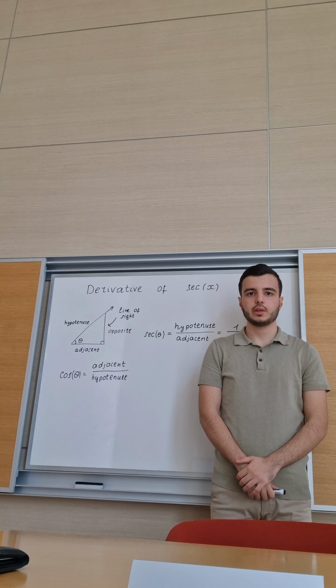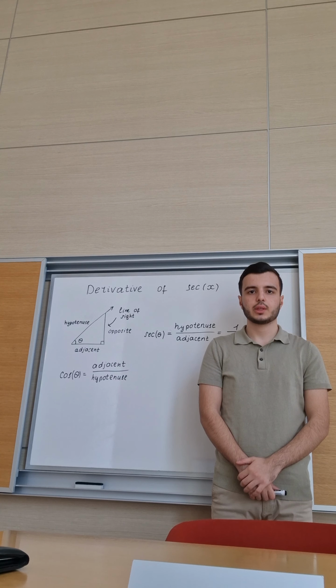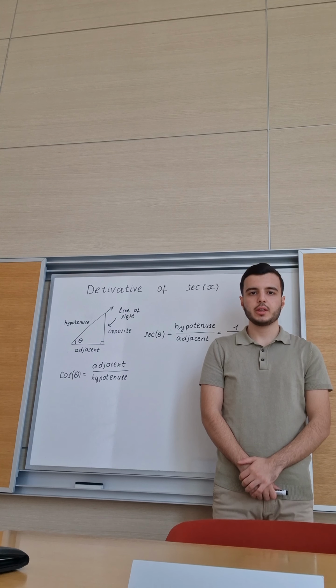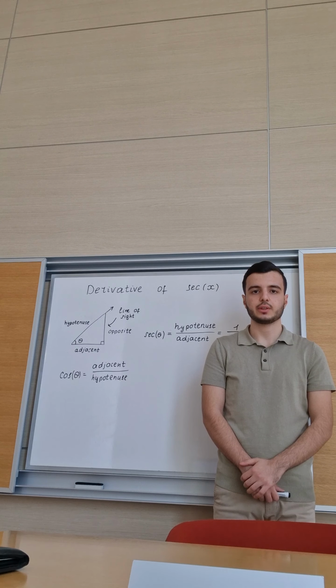Now you might be wondering, where would you even use secant of x and the derivative of secant of x? In surveying, architecture or satellite positioning, secant theta comes up when calculating distance based on viewing angles. When this angle changes, the rate of change, the derivative of secant theta, tells you how fast the distance is increasing.